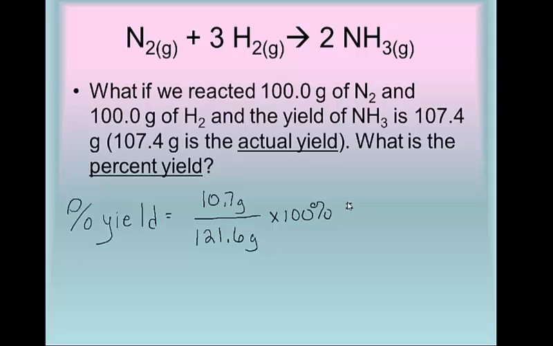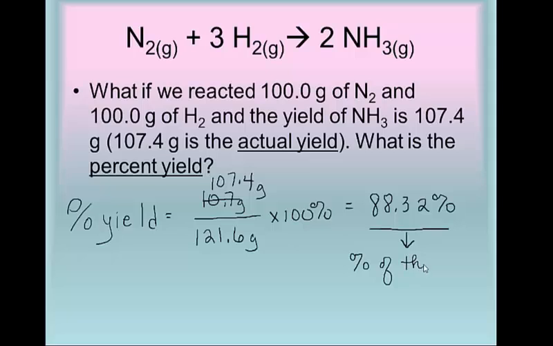Plug it into the calculator and you get, oops, I did not do this one right, sorry, 107.4 grams, thank you, 88.32%, because these both are 4 sig figs, so I'm good. So this is the percentage of the theoretical you made in the experiment, which is pretty good.